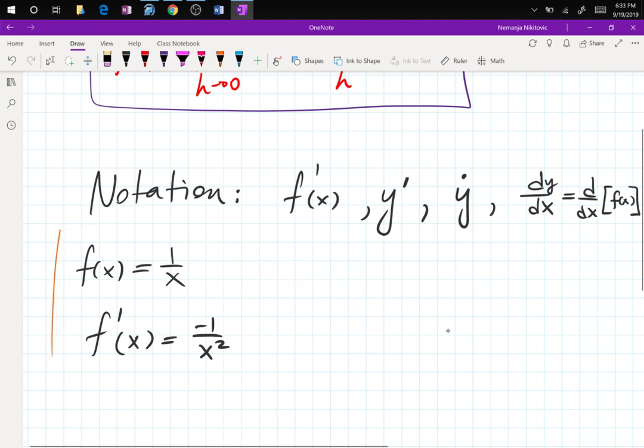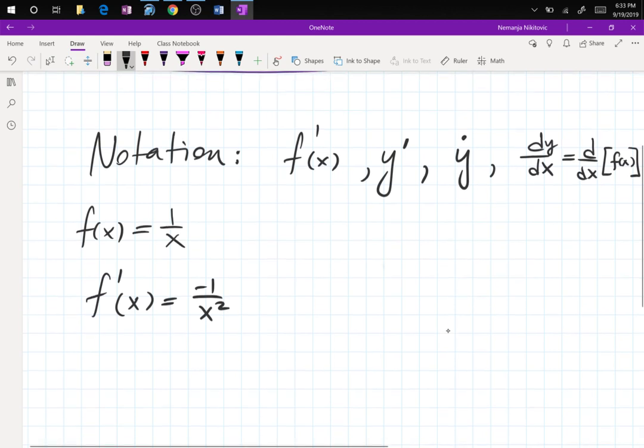Now, the same question, we can say y equals 1 over x, y prime equals negative 1 over x squared, using the y instead of f of x.